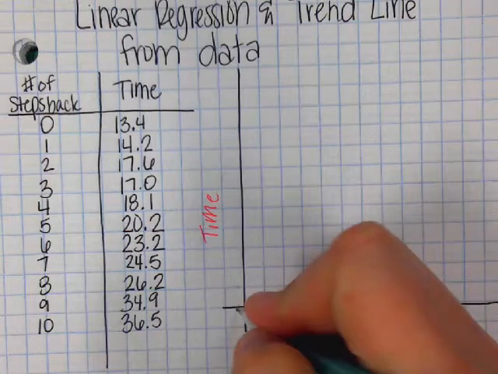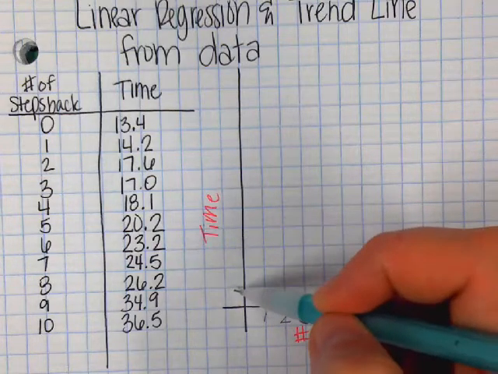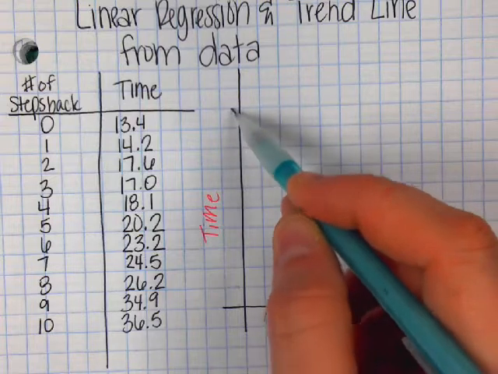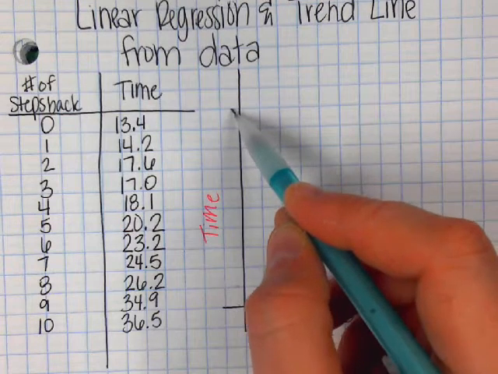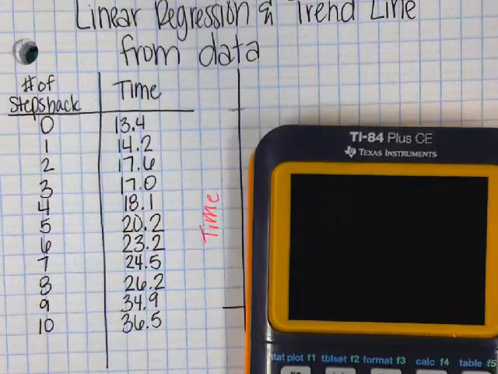If you want to know for sure, count how many lines you have. So 1, 2, 3, 4, 5, 6, 7, 8, 9, 10. I'm going to do 10 just because you guys that use the graph stamp will only have 10 as well.